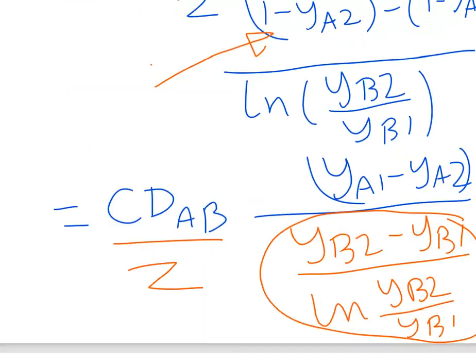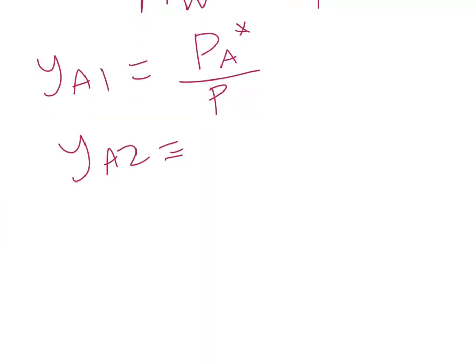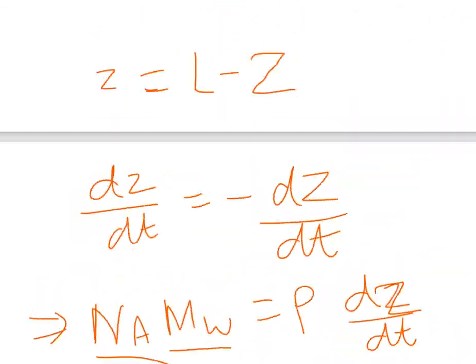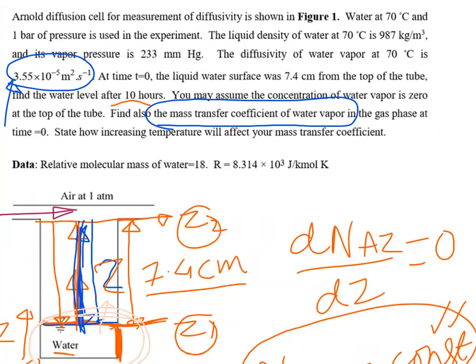Normally it's like this. So YA2 is 0. This value, vapor pressure, is given, 233 mmHg. Total is 1 atmosphere.